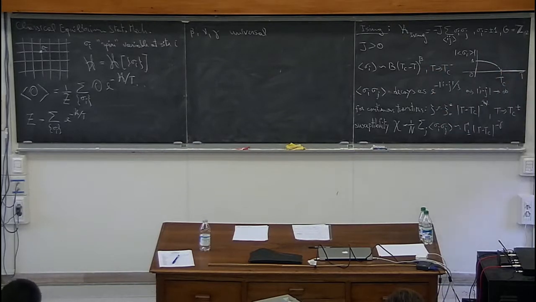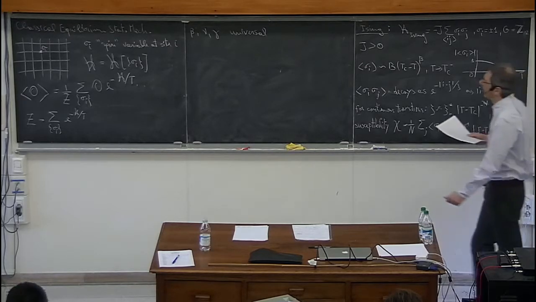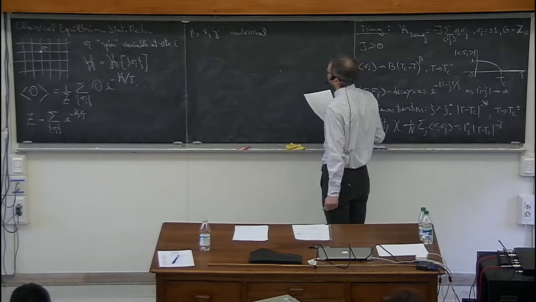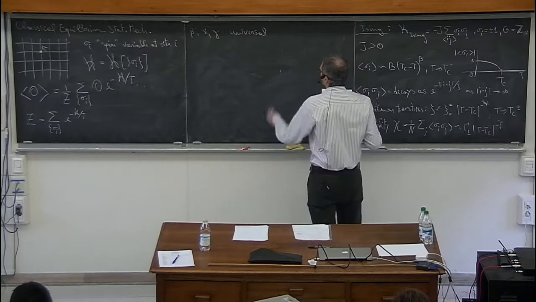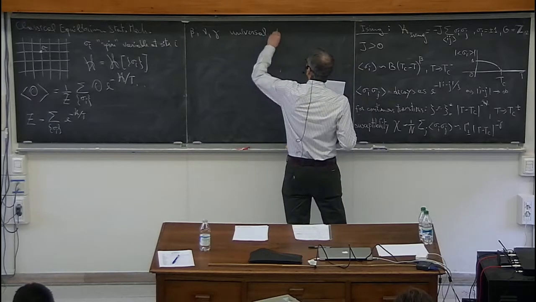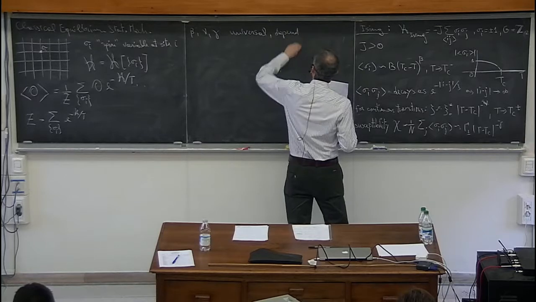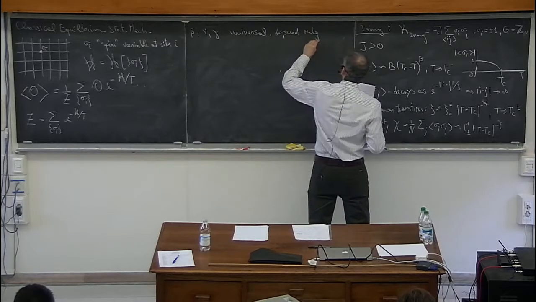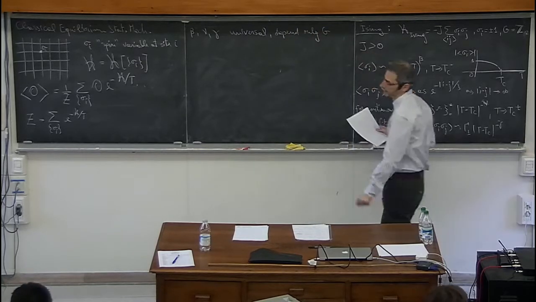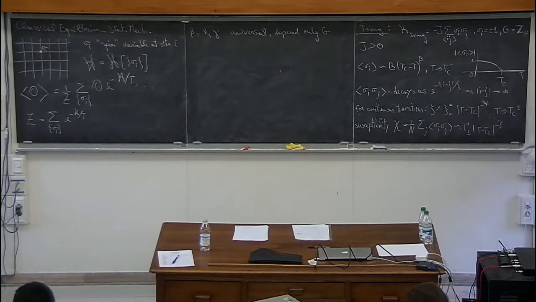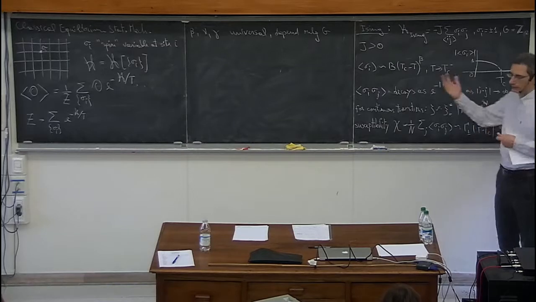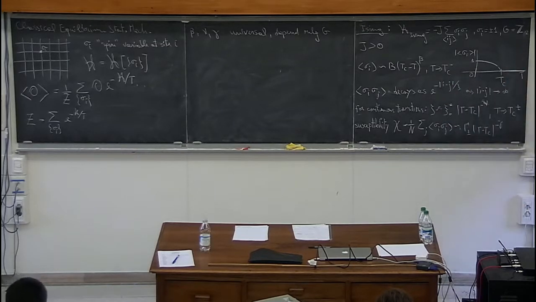So in the end, this means that they are characterized essentially only by the symmetry G in a given dimensionality. So if you change the dimension from d equal 2 to d equal 3, keeping the same symmetry, these numbers will change, but for a fixed dimensionality, essentially they depend only on the symmetry.